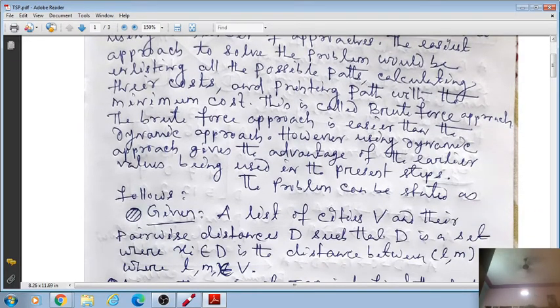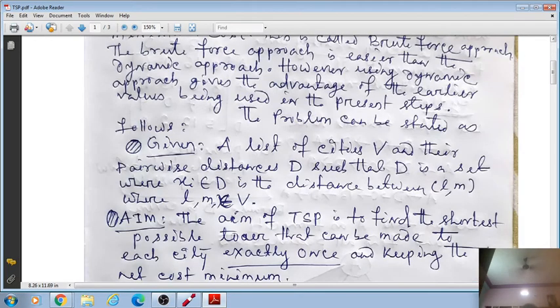This problem can be stated as follows. We have a list of cities V and their pairwise distances D, where each distance is measured between two different cities L and M. The aim of this problem is to find the shortest possible tour.